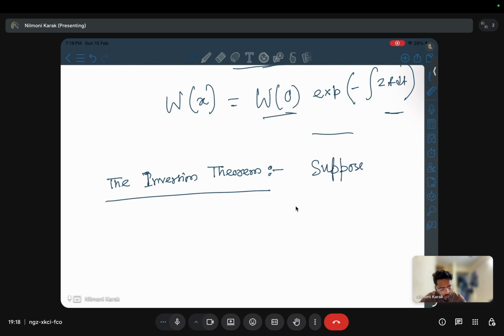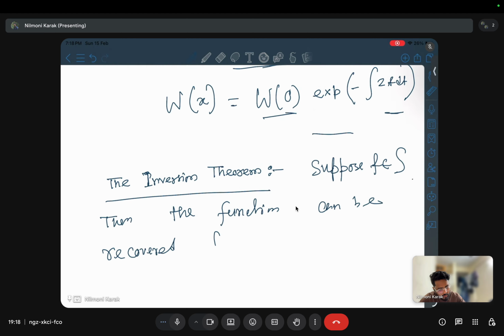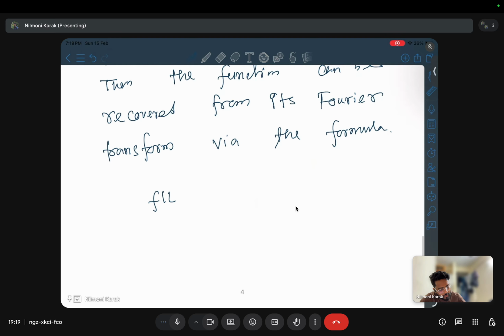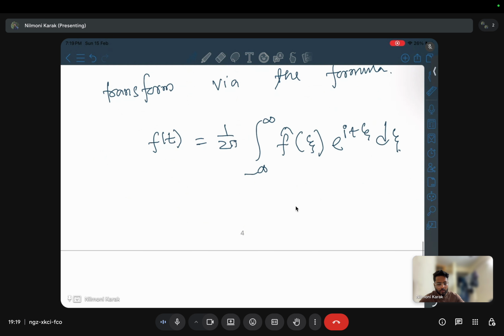Suppose f is in S, then the function can be recovered from its Fourier transform via the formula f(t) equals 1 by 2 pi, integral from minus infinity to infinity of f hat(xi) e to the power plus i t xi dxi, instead of the minus sign.